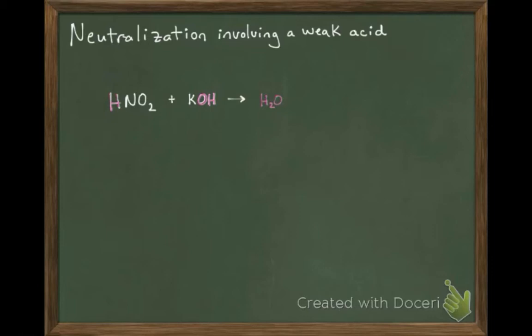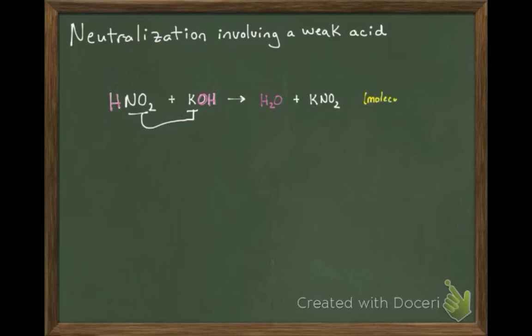That leaves the potassium ion from the KOH and the nitrite ion, NO2-, from the nitrous acid, and those will form KNO2, the salt. So here we have the water and the salt. Now since potassium is +1 and NO2 is -1, KNO2 is the appropriate empirical formula, and you'll have to make sure to represent that appropriately in all your acid-base reactions of this type.